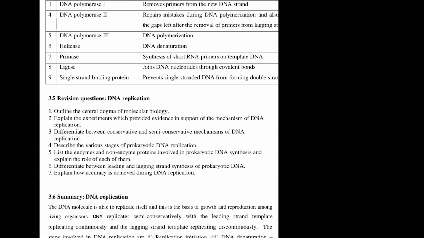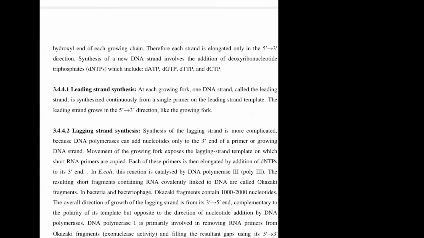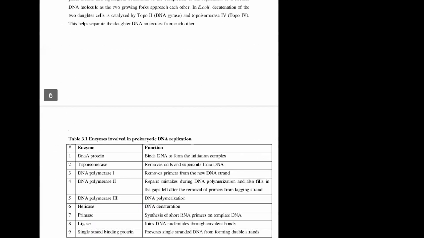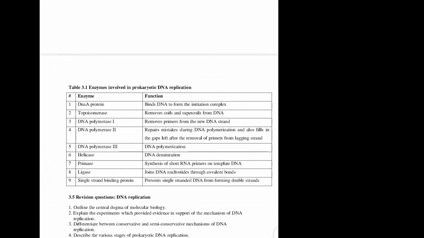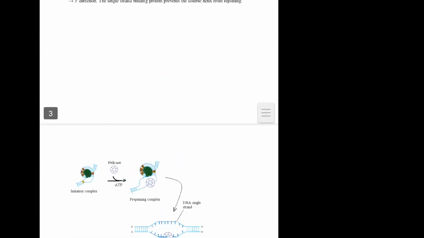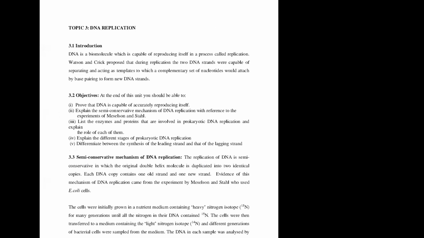Okay, so basically that was DNA replication. The other thing that you should understand is how you move on from DNA replication, which gives the duplication or formation of another copy of DNA. Then when that has been formed, the next step that follows replication is transcription, which is formation of messenger RNA from DNA.